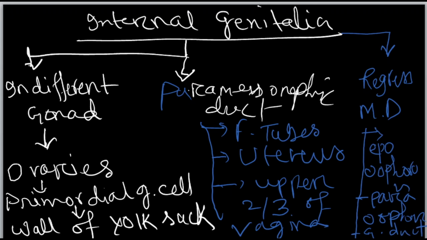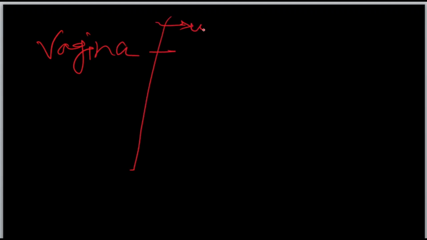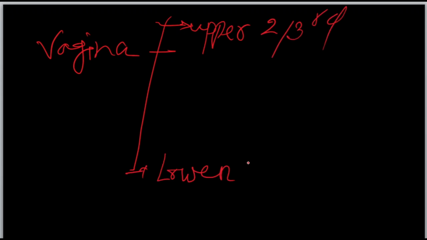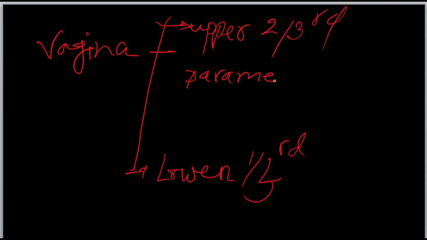Now the remaining important structure development, that is vagina. Vagina is derived from two structures. Upper two-thirds has one derivative and lower one-third has a different derivative. Upper two-thirds is formed by the fusion of lower vertical parts of paramesonephric duct.